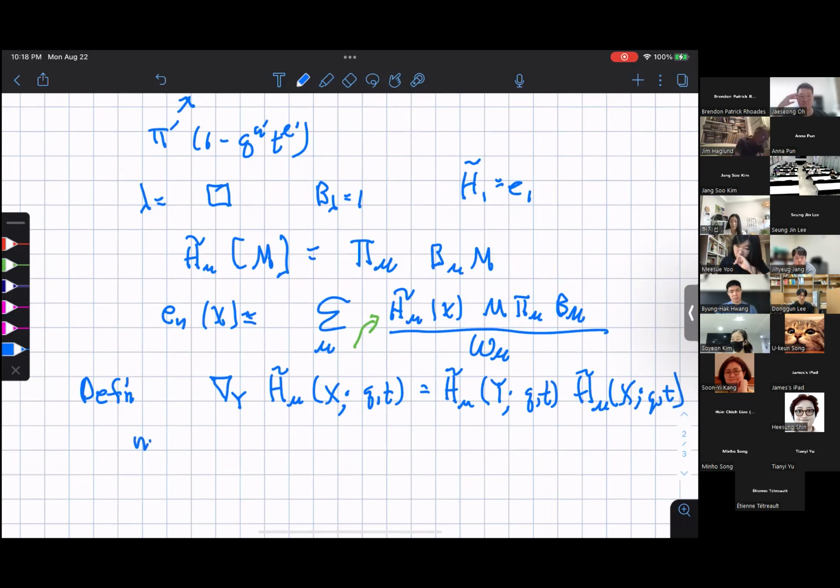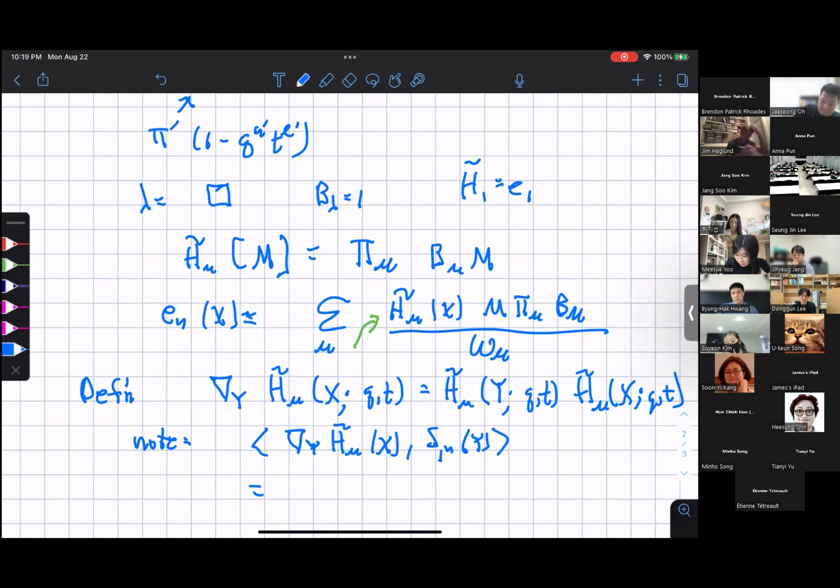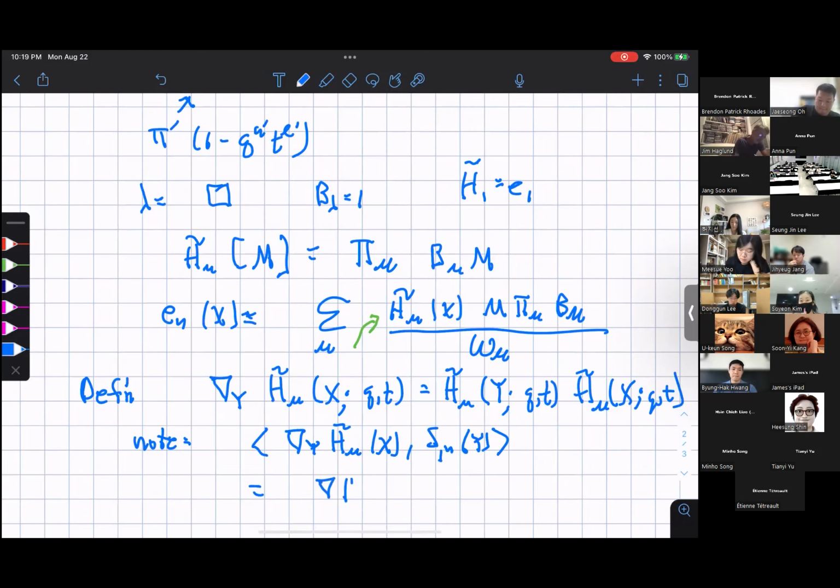And note that if I then take the scalar product of that with, say, s1 to the n of y, then I can use the fact that the scalar product of the Macdonald in y with s1 to the n is that power of t and q defining Nabla. So this just becomes Nabla h mu twiddle of x.